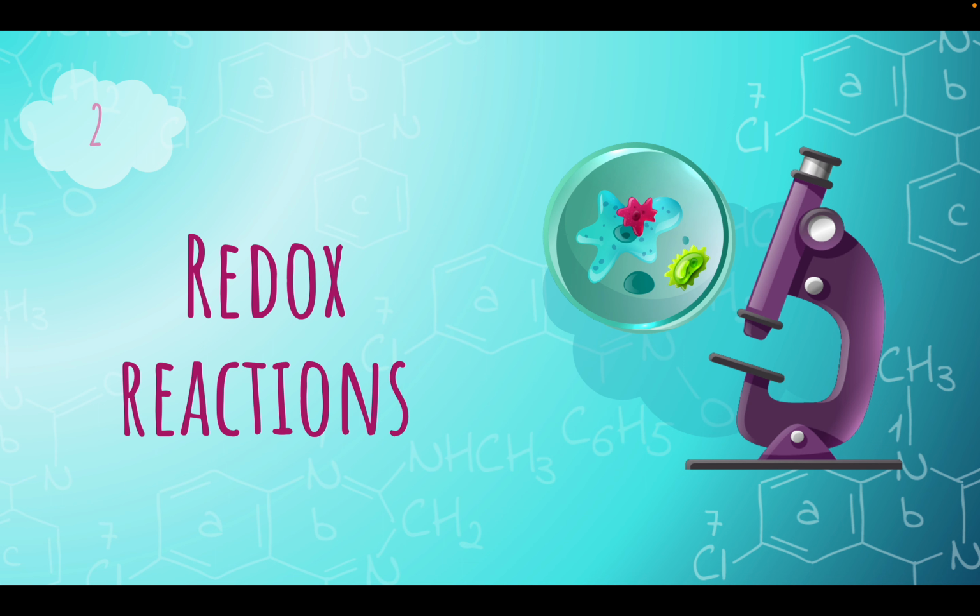So this redox process ensures the overall oxidation numbers balance out to zero, highlighting the transfer of electrons between reactants in the chemical reaction. So let us now watch a video about redox reaction.